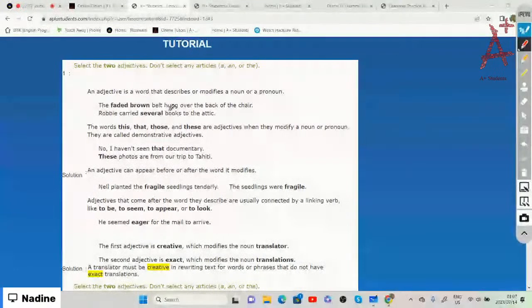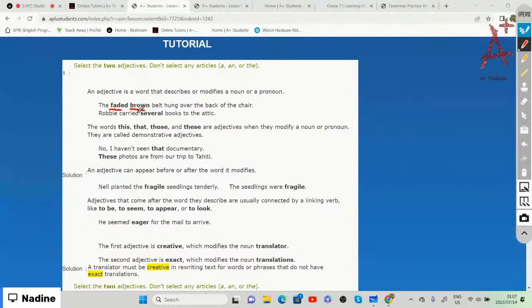And now they are describing the type of belt that was hanging over the back of the chair. So it was a faded brown belt, right? So instead of just saying the brown belt, we are saying it is the faded brown belt, right? And that describes the noun.